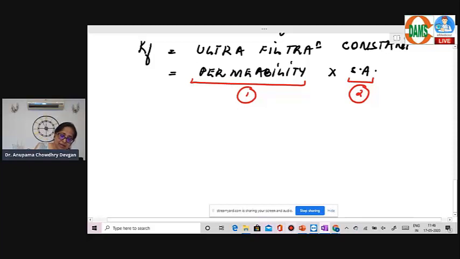Clinical applications. You have a patient of right heart failure. Because of back pressure, now the right heart is not pumping properly. So there is back pressure.